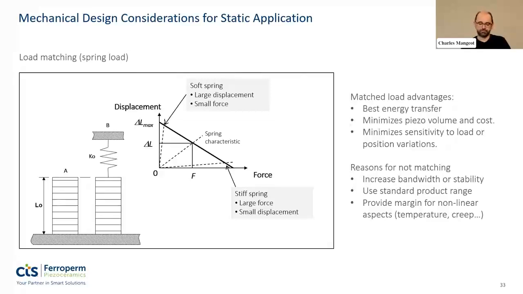You may have to, for example, increase the bandwidth. If you need a fast response, then you will need more force than just the static value. You can need some margin for some of the nonlinear aspects. For example, temperature range. If you need to make sure that you can cover the load over a wide temperature range, then you will need a larger device.